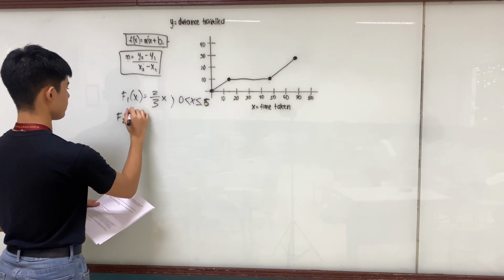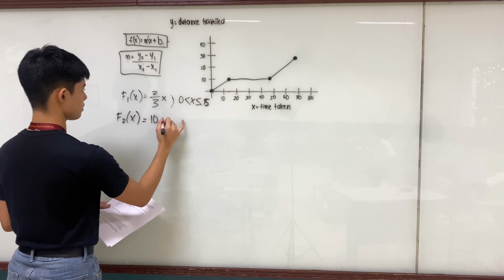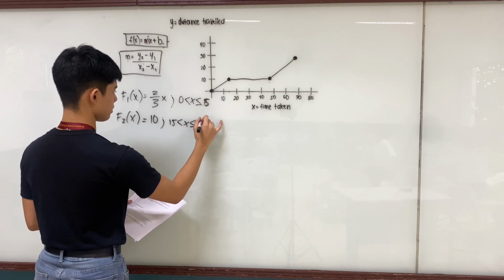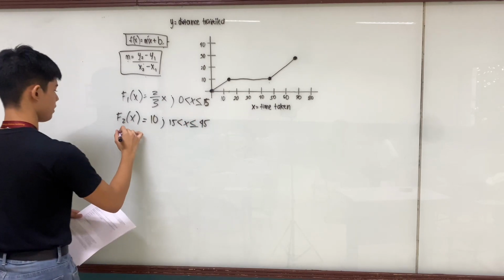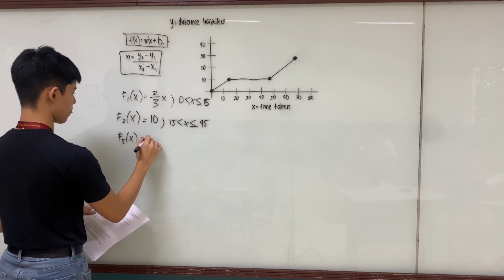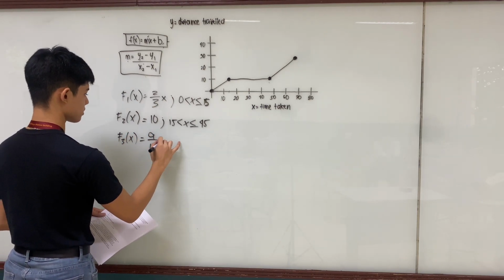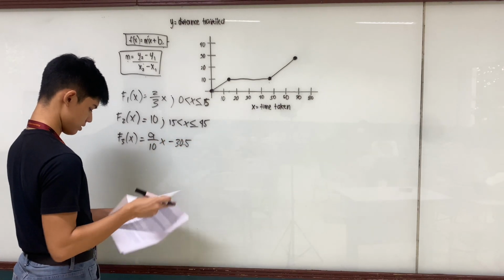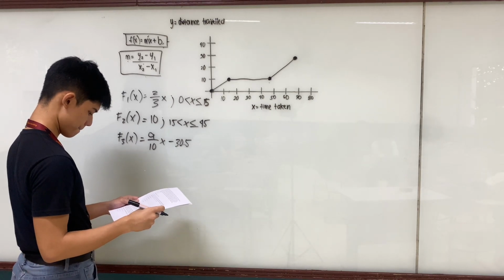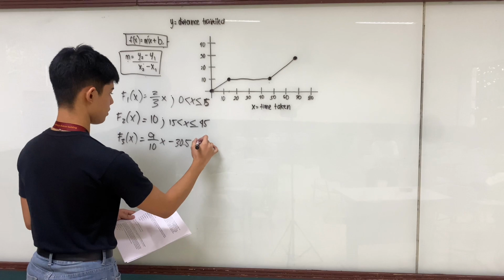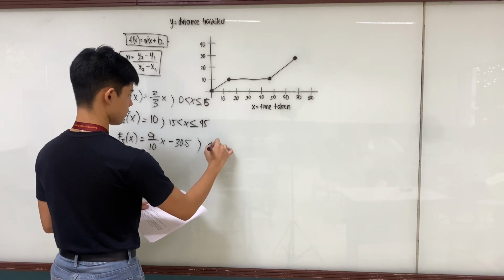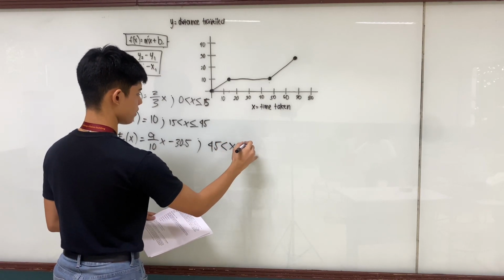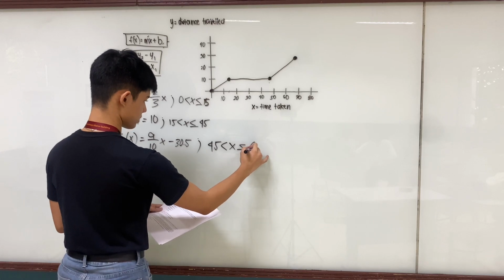Then f sub 3 of x is 9 over 10 x minus 30.5 if x is greater than 45 and less than or equal to 65.